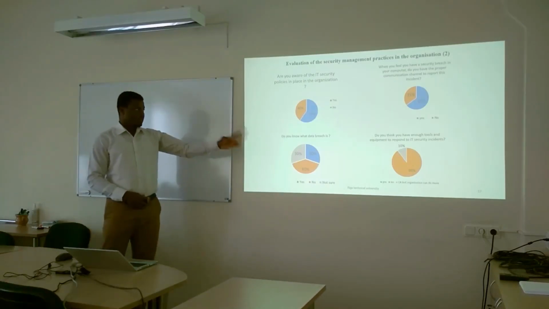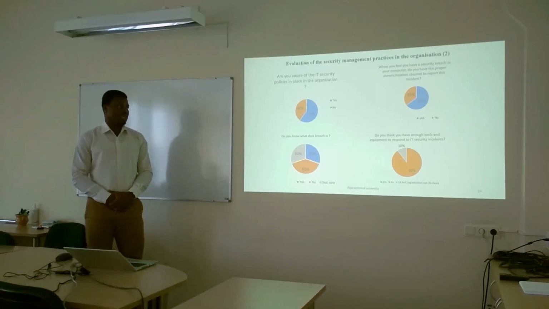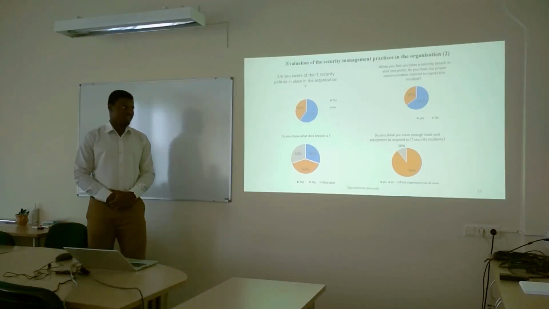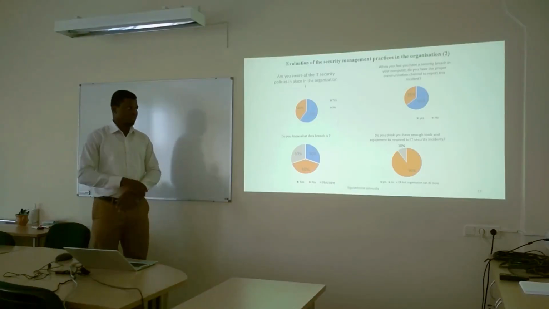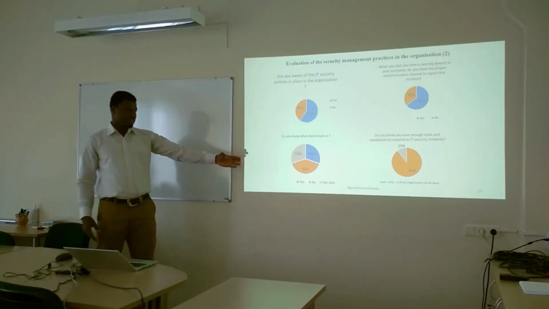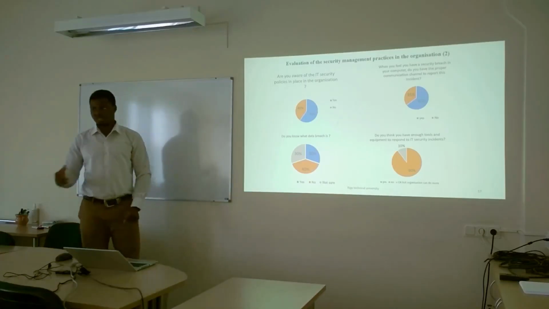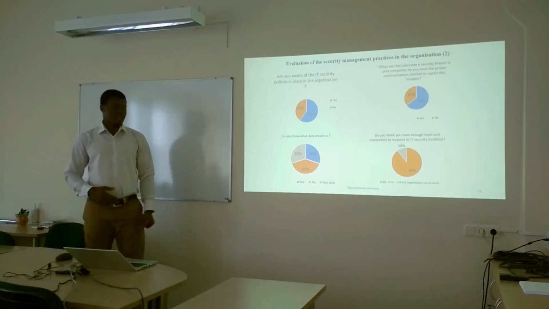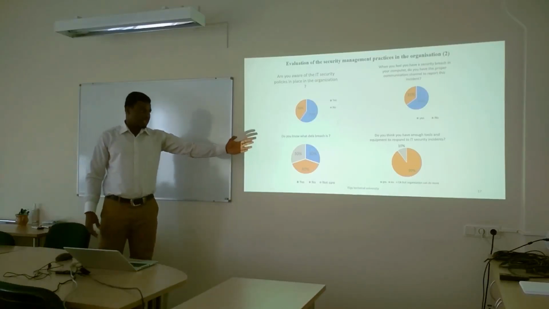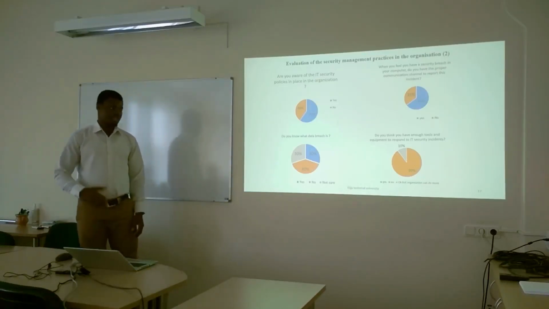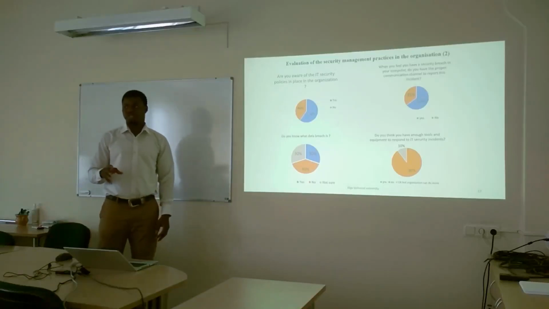Then I asked if they know what a data breach is. Some of them don't. You can see that 40% of people in the organization don't know exactly the meaning of data breach. Then we have 30% and 30%: some said yes, and the others were not really sure what it is.